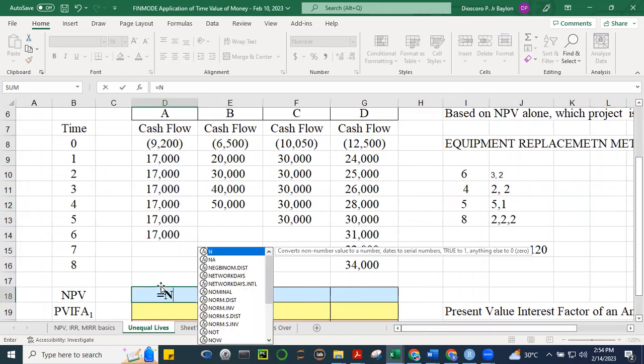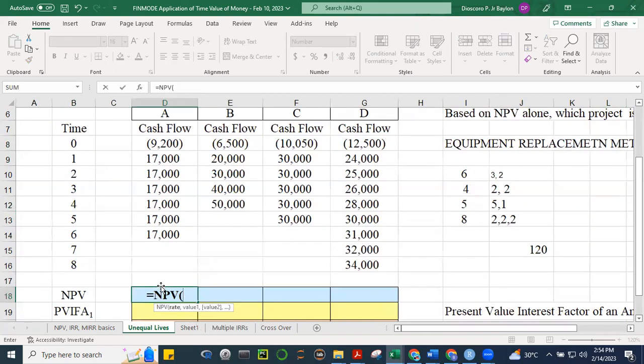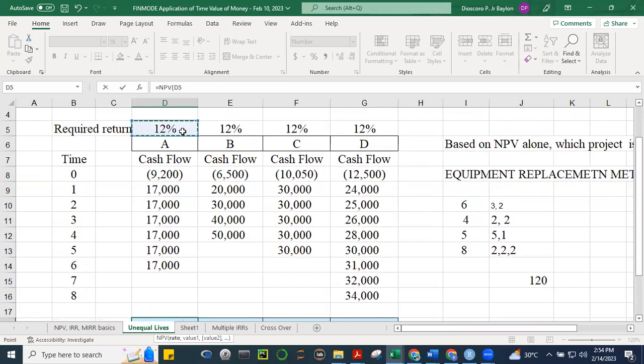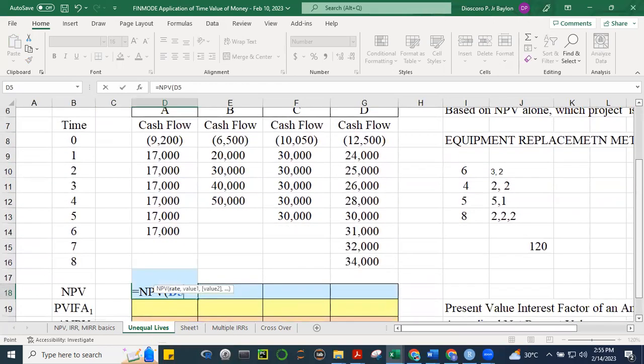Okay, so here, NPV. Ang NPV ni Project A will be, ang rate natin is 12%. Diba? So no need to fix this kasi ikakopy natin pa kanan. So that's 12%. And then value niya is, remember NPV starts with year 1. Hindi natin sinasama si year 0. And then isama na natin itong 7 and 8.